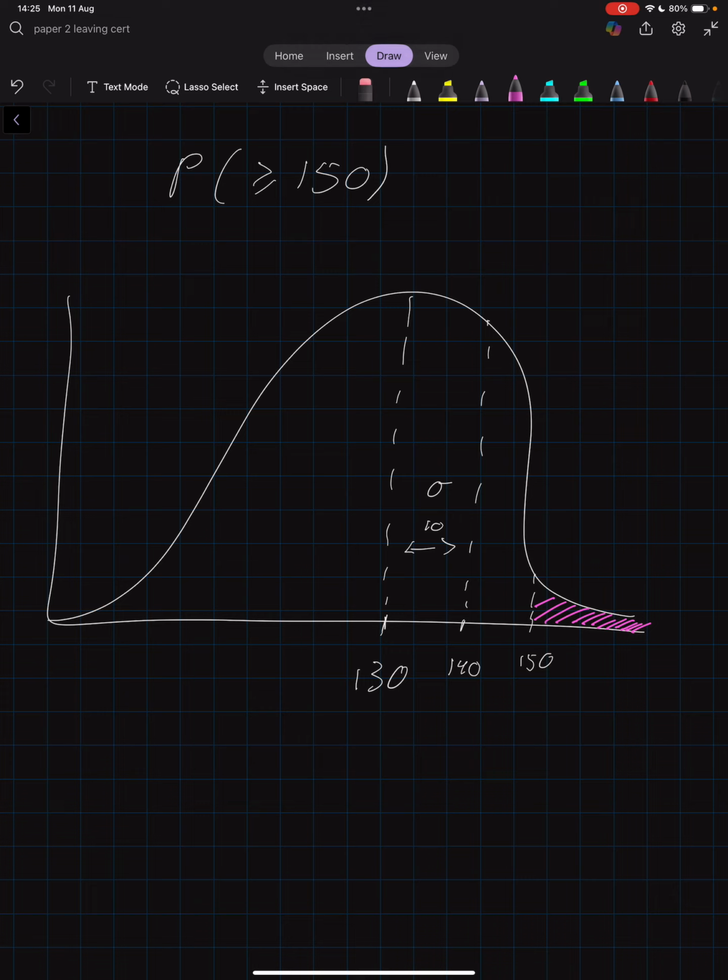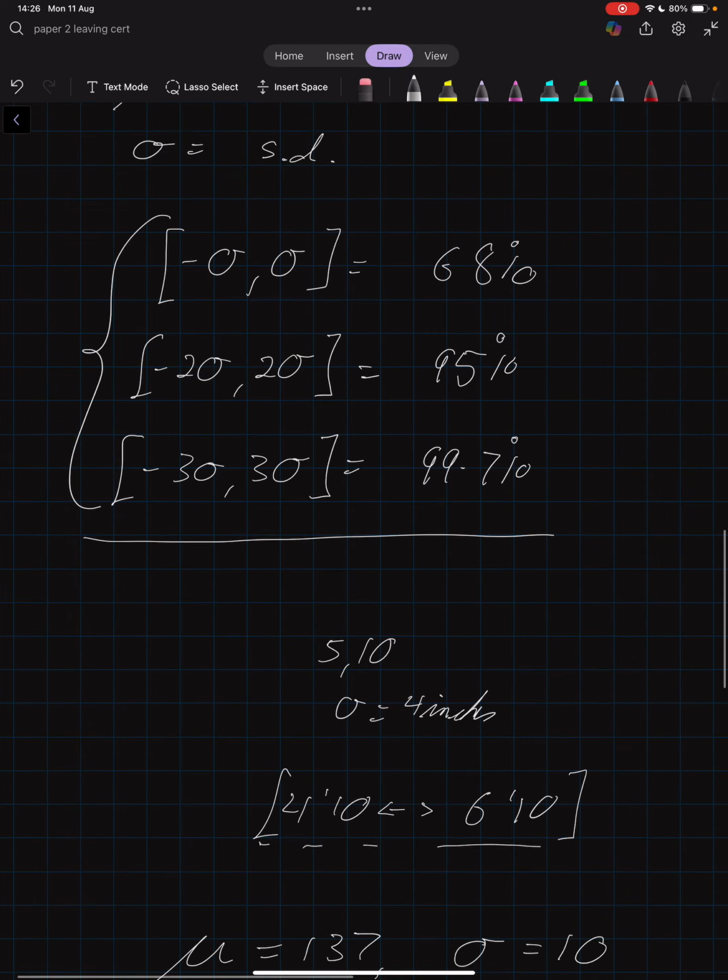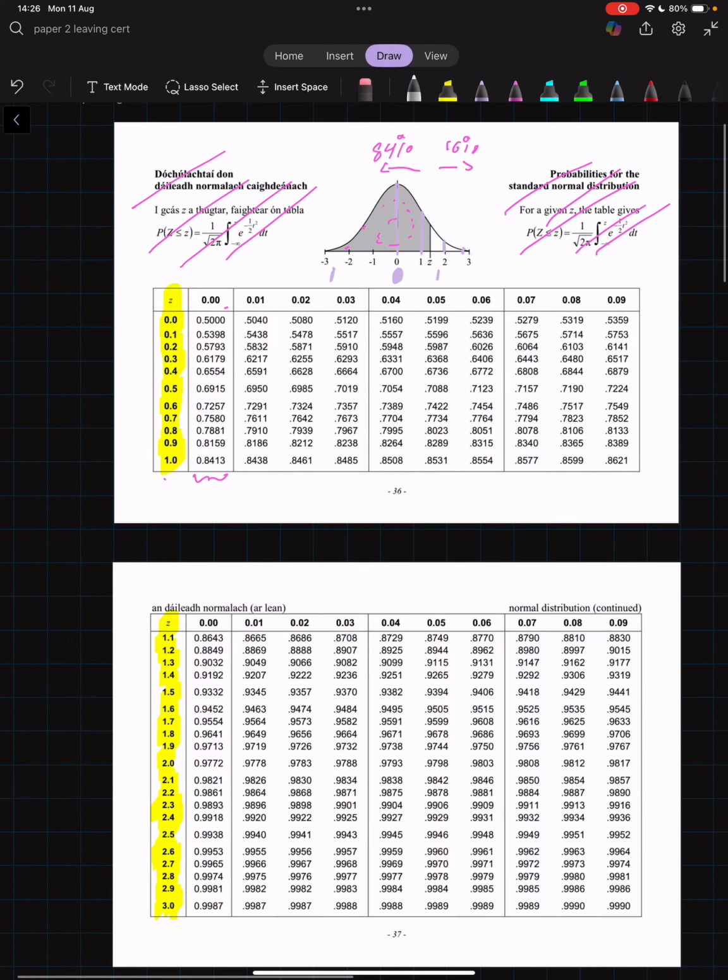All I do is, because a z-score, back up here, these numbers we have here, sorry, I'll do a different color again. All these numbers basically signify how much of the gray area is left of the number.